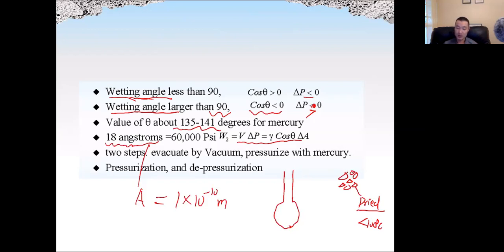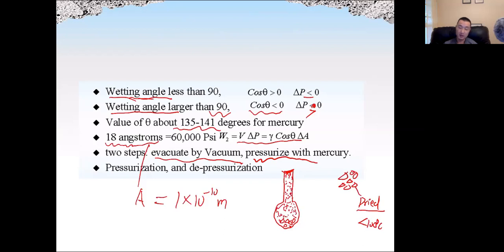After the sample is dry, we put it into the glass container here. The first step is to evacuate the container by vacuum, and then we slowly increase pressure with mercury. Mercury will be filled all around the sample and fill the beaker completely.